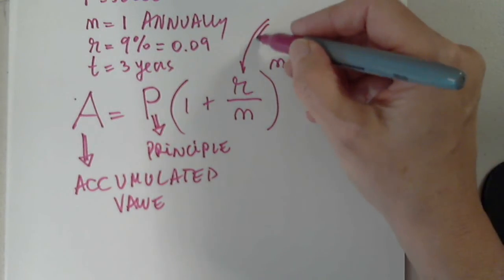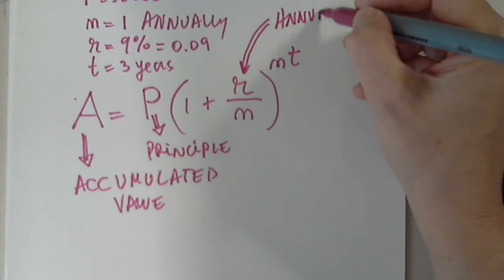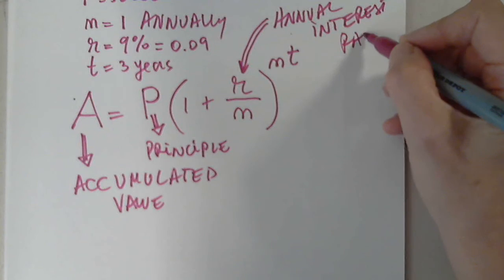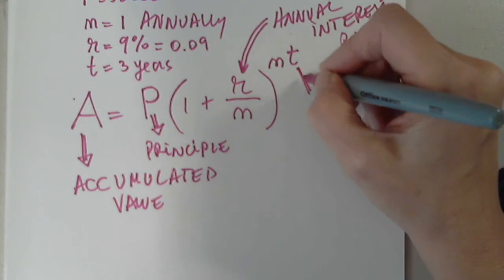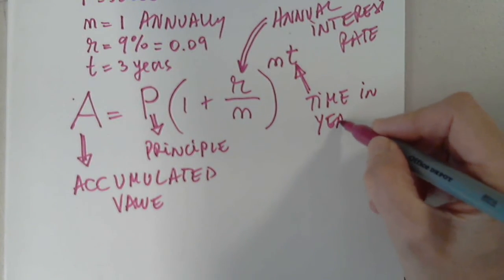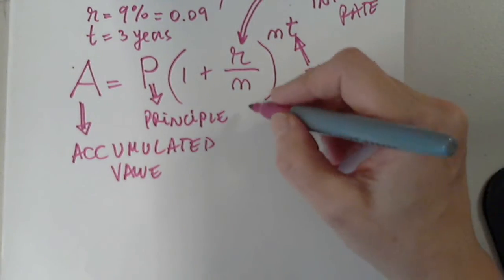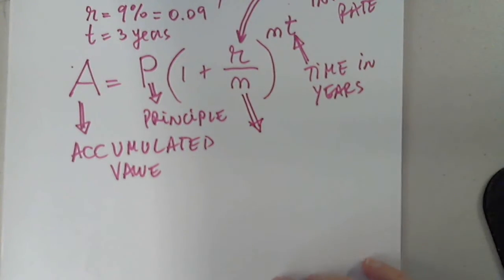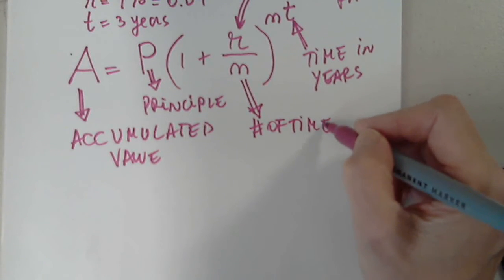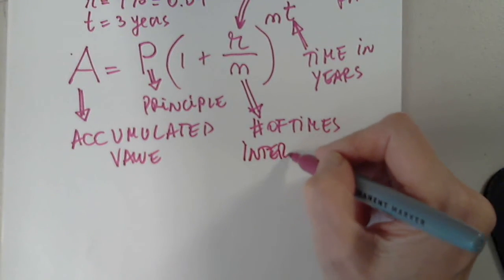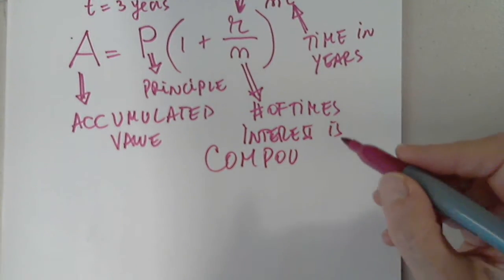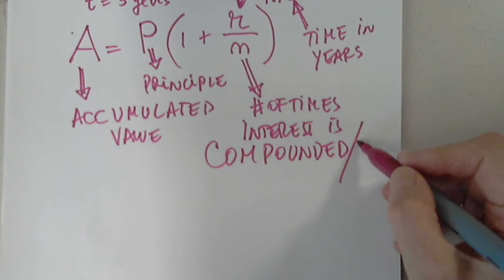This is the annual interest rate. This is the time in years. And this is the number of times interest is compounded, recalculated, per year.